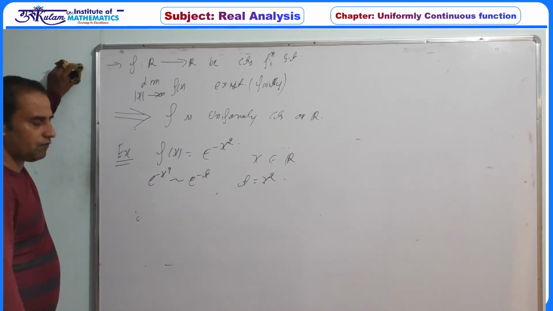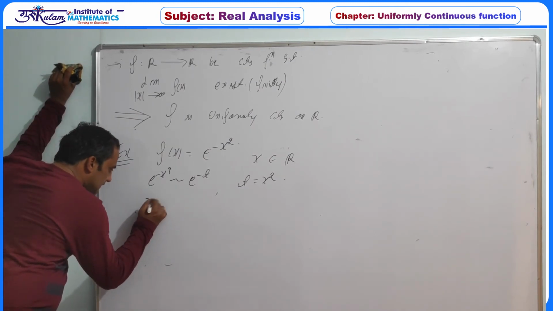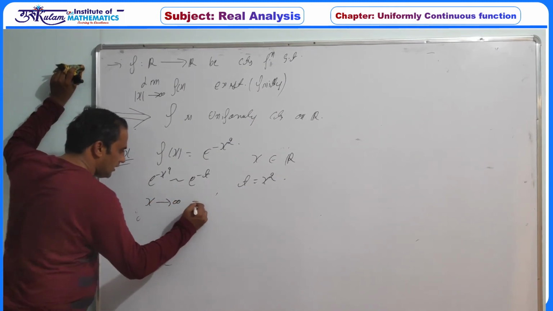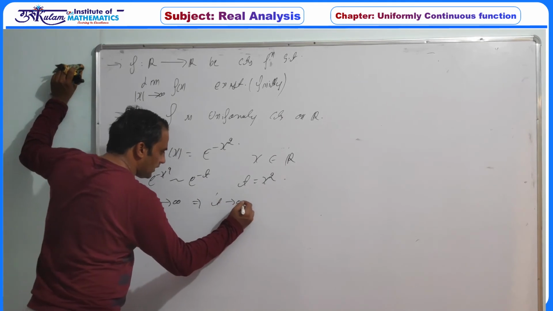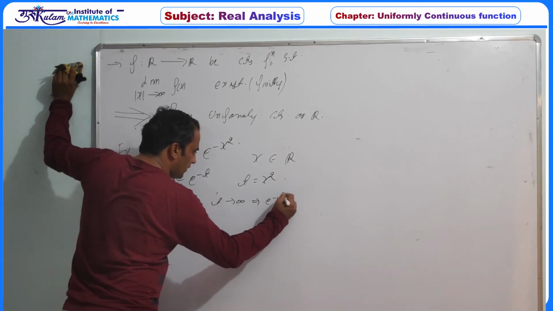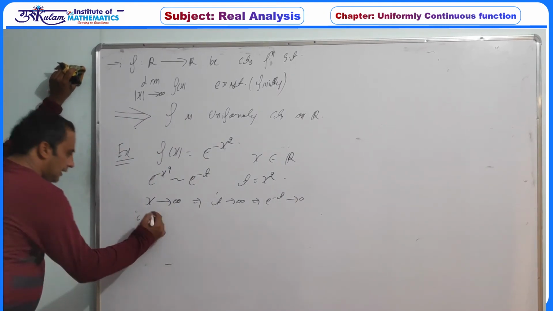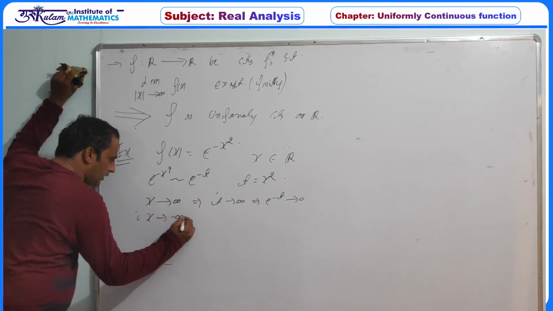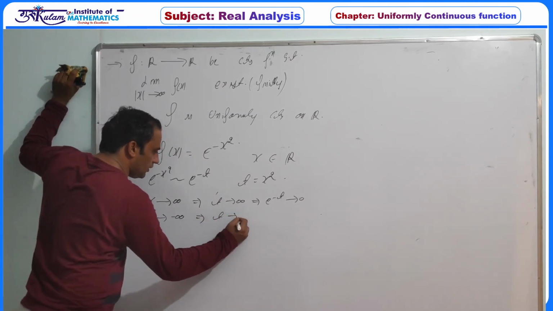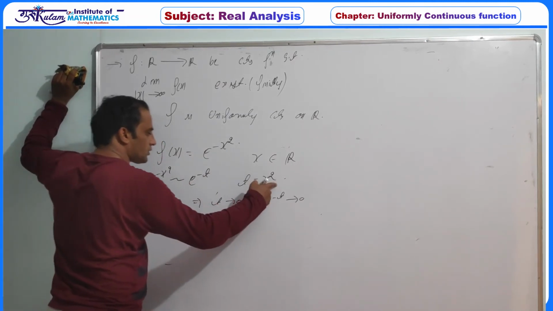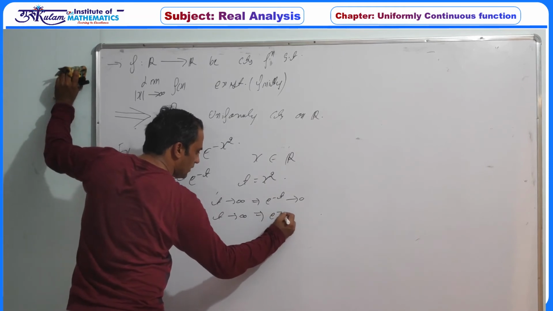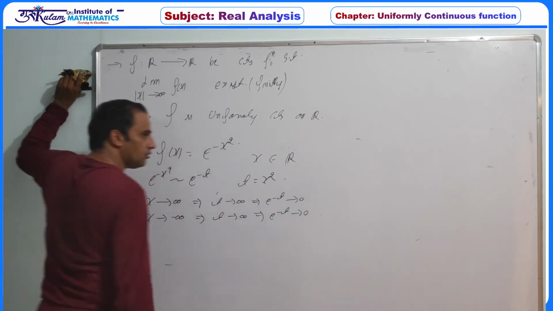Now as x tends to infinity, t tends to infinity, so e to the power minus t tends to 0. As x tends to minus infinity, t also tends to infinity, because t is equal to x square, so e to the power minus t also tends to 0.